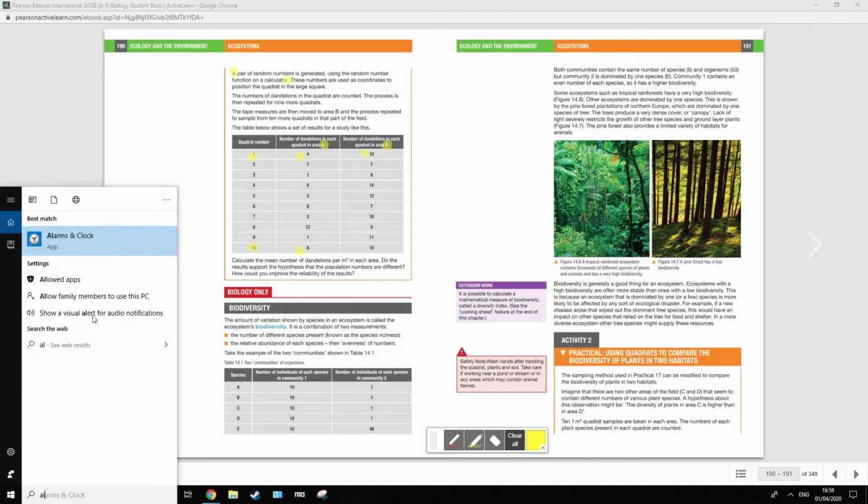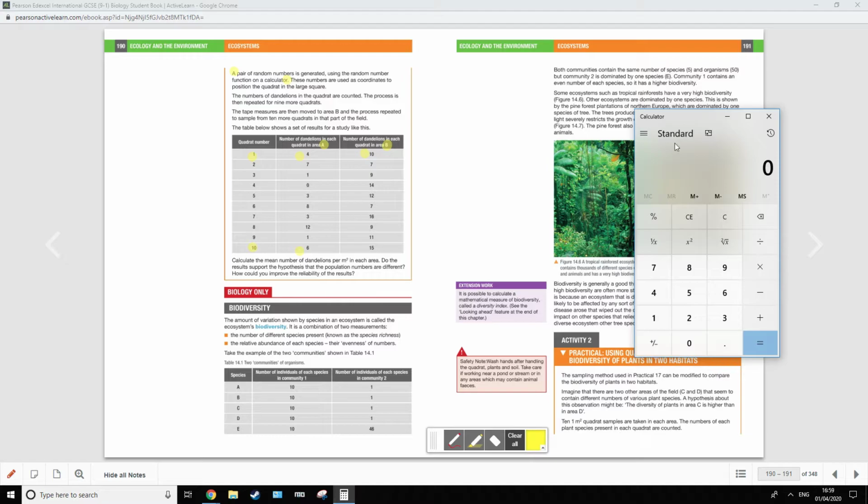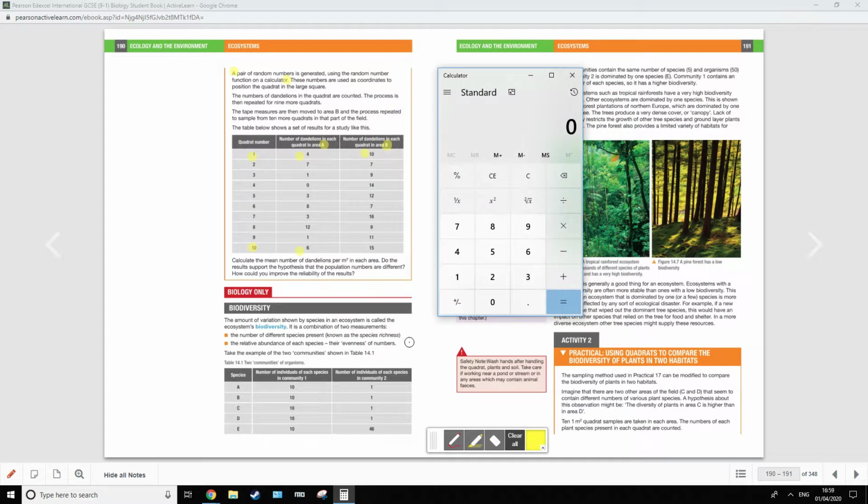So let me have a calculator here. So you have 10 quadrats. Then we're going to add these numbers up, and we're going to divide it by 10 for A. So plus 7 plus 1 plus 0 plus 3 plus 8 plus 3 plus 12 plus 1 plus 6.